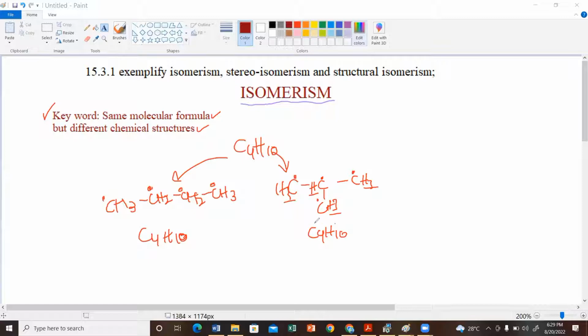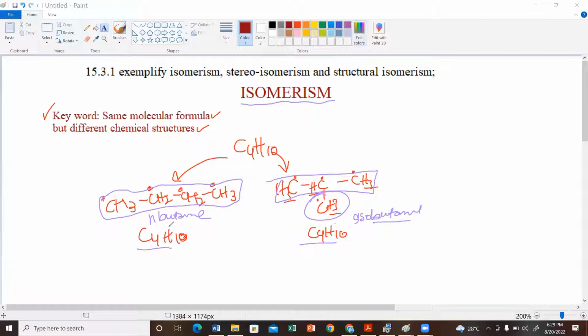So both have the same molecular formula. The molecular formula over here is C4H10 in both. But the skeletal formula or the molecular structure is different. There is a linear structure, that's why it is called n-butane. And this one is a branched structure in which 3 carbons are linearly arranged and 1 is in a branch. So it is also known as isobutane.